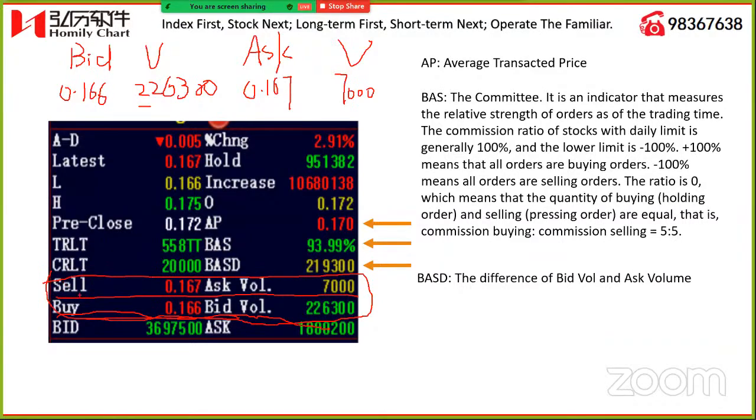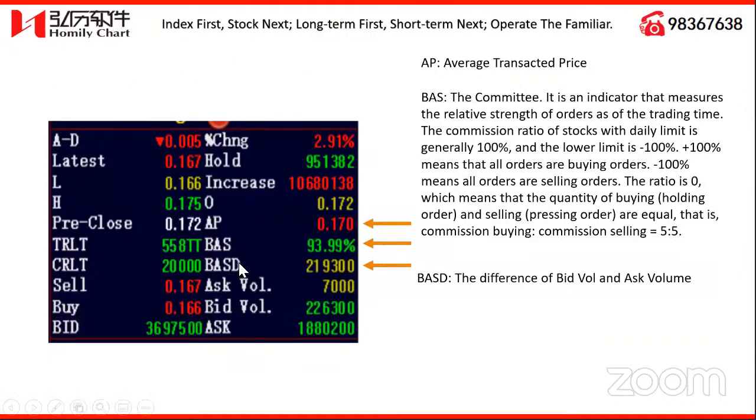Okay, so now we come to BAS and BASD and AP. AP is, as of the time, the average price. It's just an average transacted price.